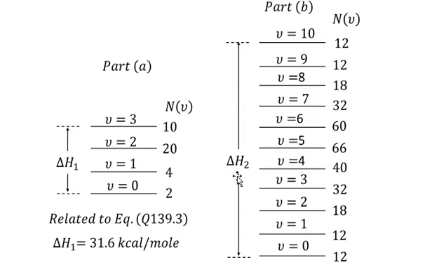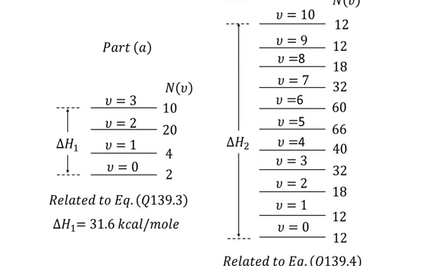And you see that delta H2 is the energy which is taken by vibration level number 10. I have shown a total of 11 vibration levels starting from V is equal to 0 to V is equal to 10. And this is the distribution of the hydrogen fluorine molecules in these levels.